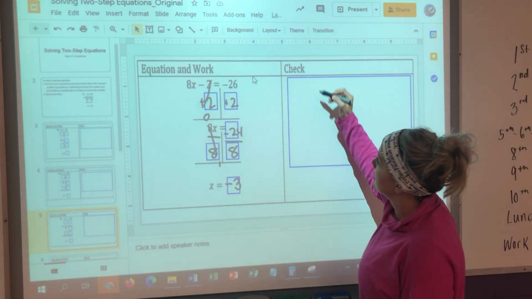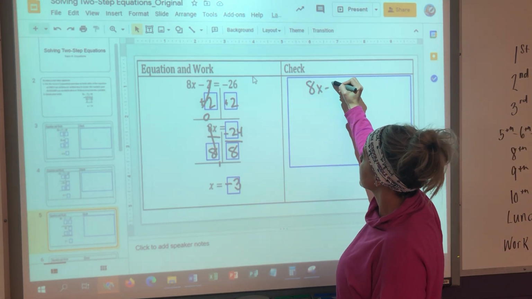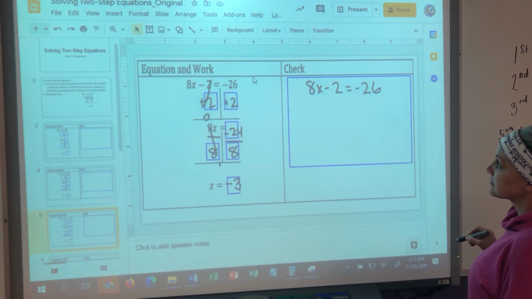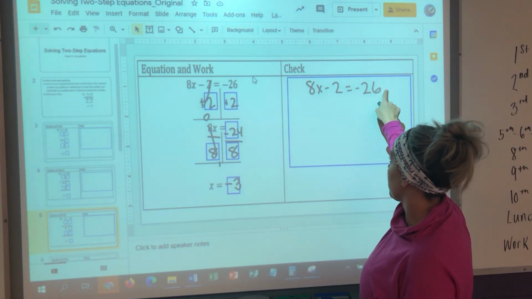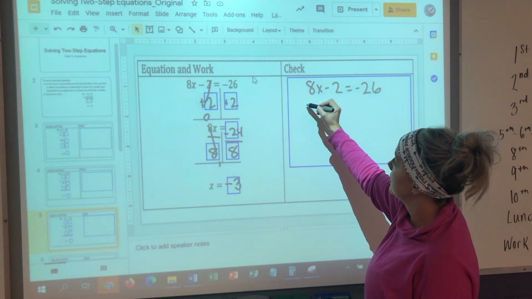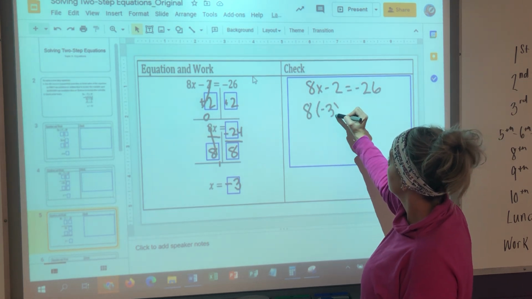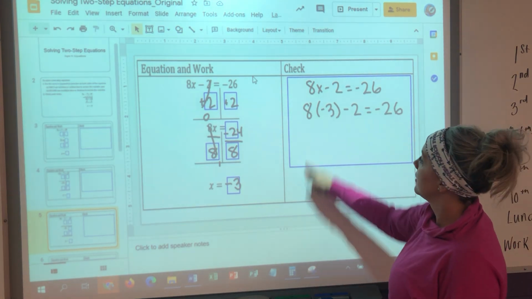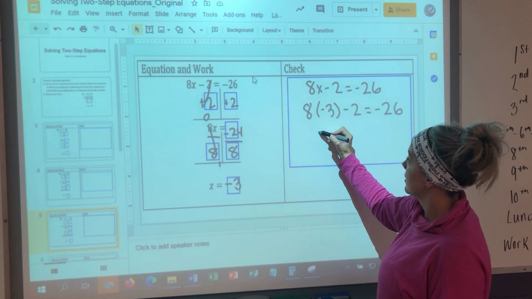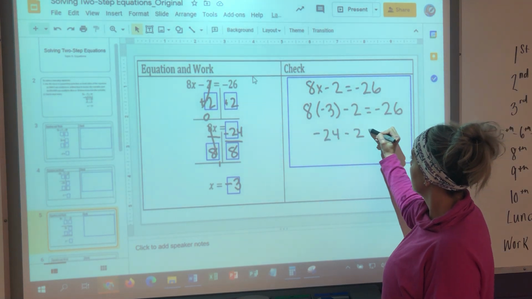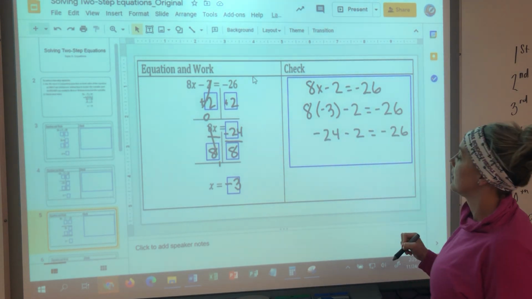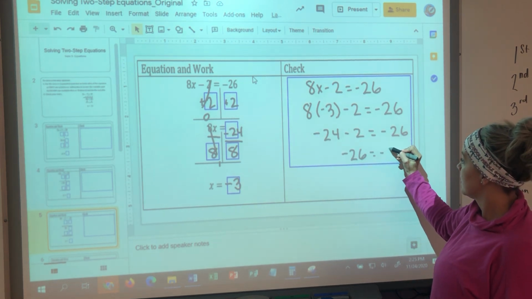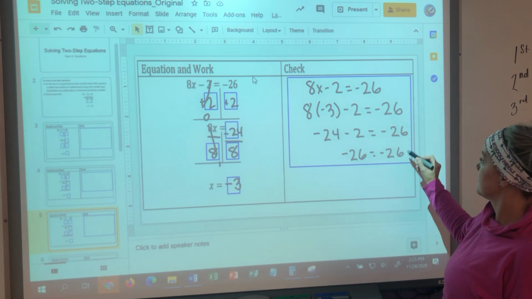So to check your answer, 8x minus 2 equals negative 26. We rewrite the equation, plug in, and then we do the math. 8 times negative 3 is negative 24, minus 2 is negative 26.